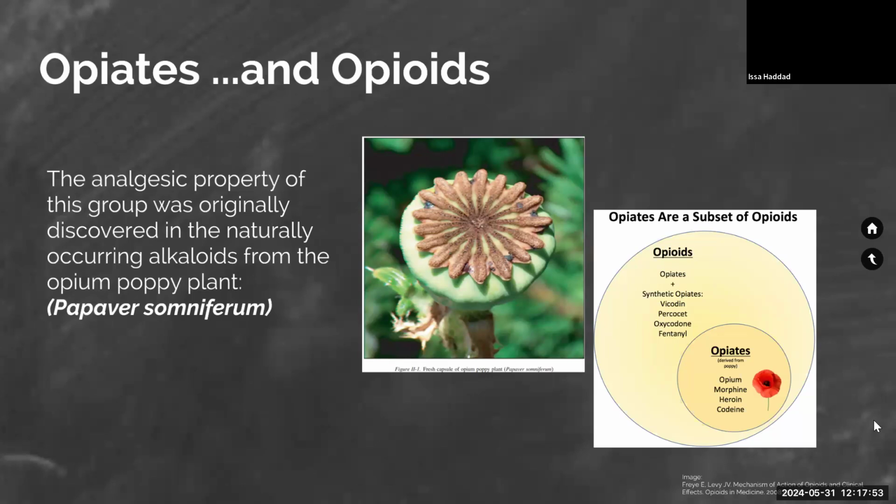This is the opium plant from which come the opiates, and the natural ones are actually morphine, heroin, and codeine. And this is only a subset from the big group of opioids, which, when they realized the opiates are good pain medications, they started making synthetic and semi-synthetic ones, which we're also going to touch base on.